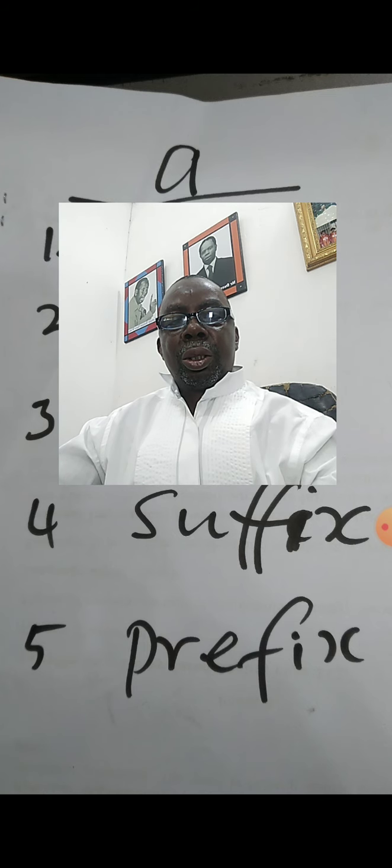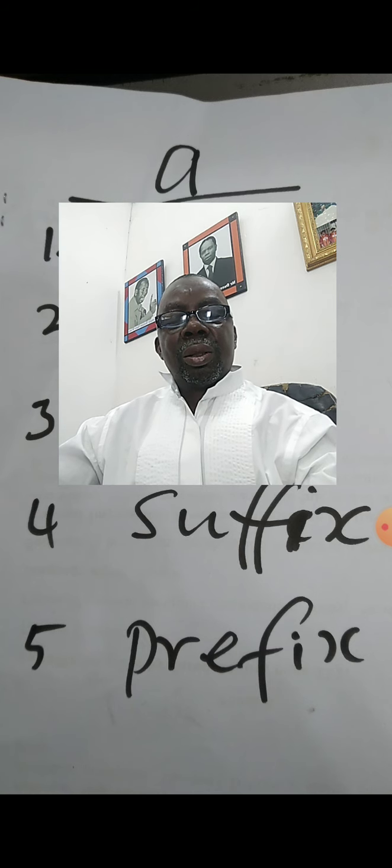Now, I treated in our previous video that Kana has 22 letters, and A is the first letter in the alphabet. So let us look at the functions of this letter.